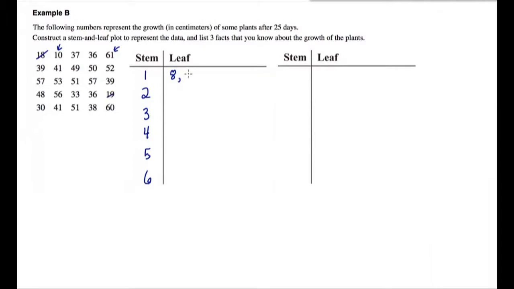So now I'm going to go in for each of the 10s, 20s, 30s, 40s, 50s, and 60s and fill out the leaf section. I'm going to cross out as I go so I don't double count anything. Notice there are no numbers in the 20s, so I'm just going to leave that blank. Don't even put a 0 there.